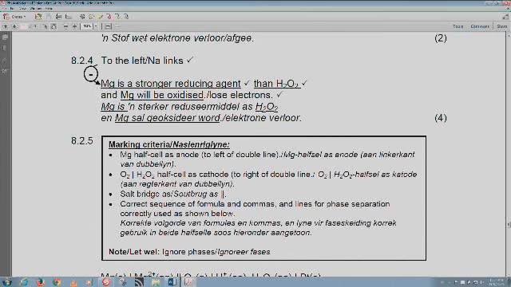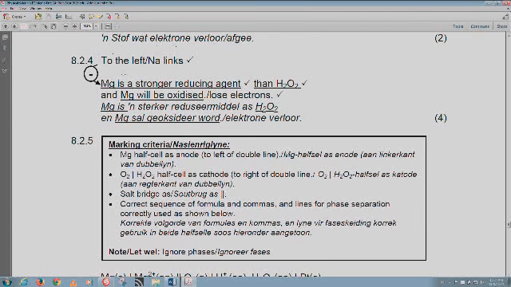The reasons there: magnesium is a stronger reducing agent for 1 mark than H2O2 for the 2nd mark. Therefore, magnesium will be oxidized for the 4th mark, or magnesium will lose electrons.